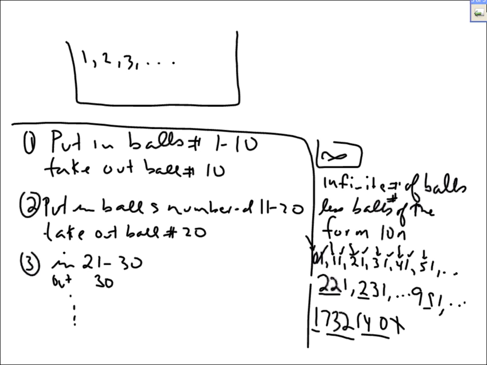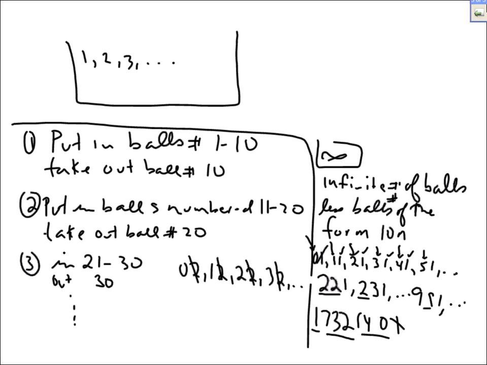And that doesn't include the ones that end in 2, like ball 2, ball 12, ball 22, ball 32, etc. If you ignore the 2s, that's an infinite number. 0, 1, 2, 3, 4, 5, 6, 7. Those are the whole numbers.